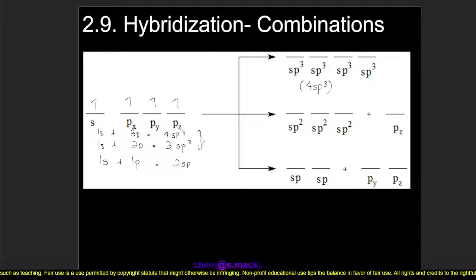Our focus is the sp3 and the sp2. You are to know which atomic orbitals are mixed to form these sp3 or sp2 hybrid orbitals and how many are formed. Using your definition of hybridization, you should also be able to define sp3 hybridization and sp2 hybridization.